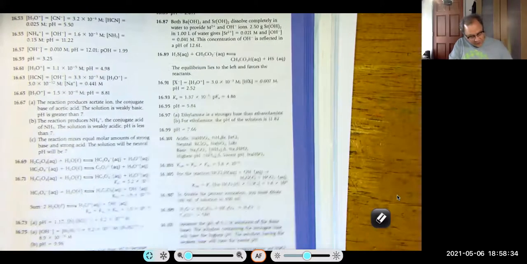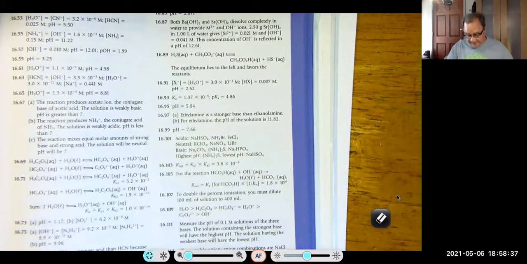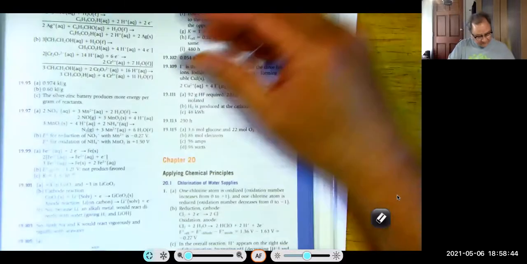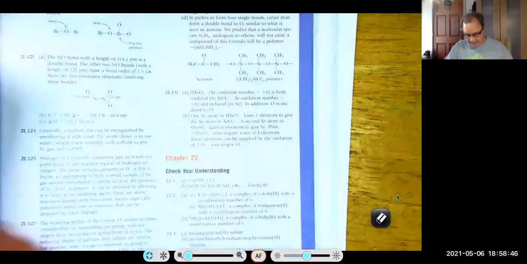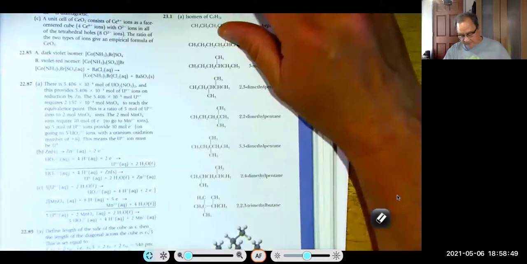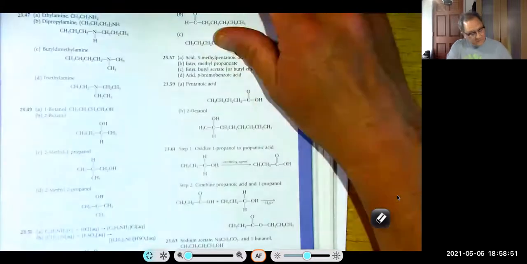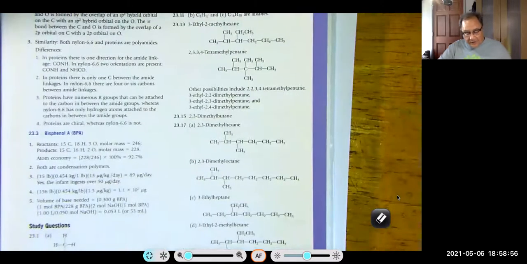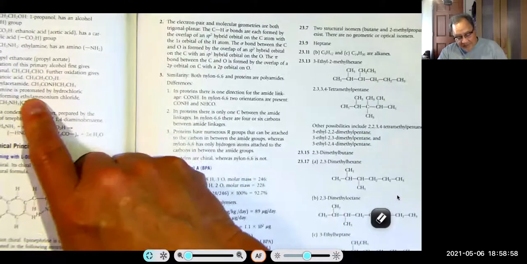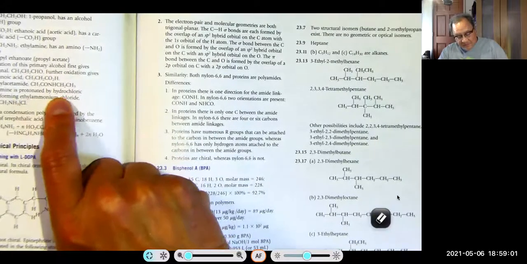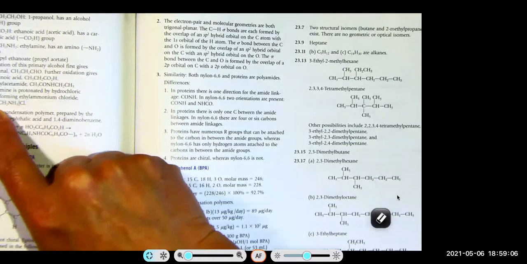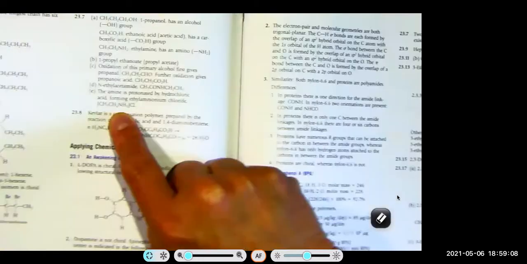And this is answers to check your understanding. So now let's look for 23.7. Almost there. Okay, here's 23.7. So they say that with the amine and hydrochloric acid, you're going to get this guy here. Would you zoom out just a little bit? Oh, you're going to get that guy there.